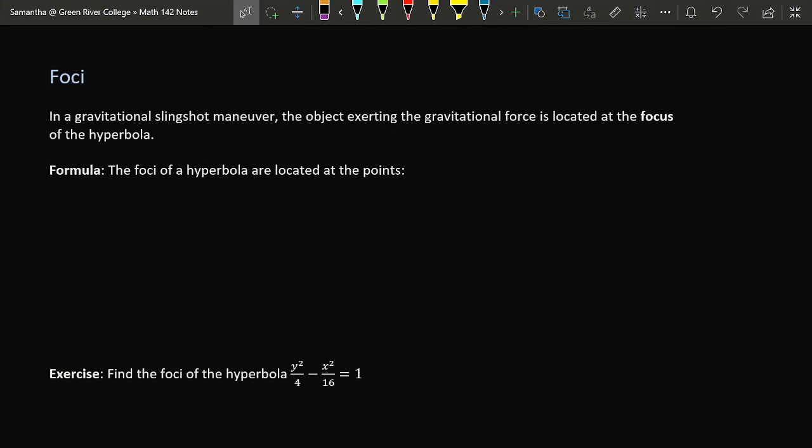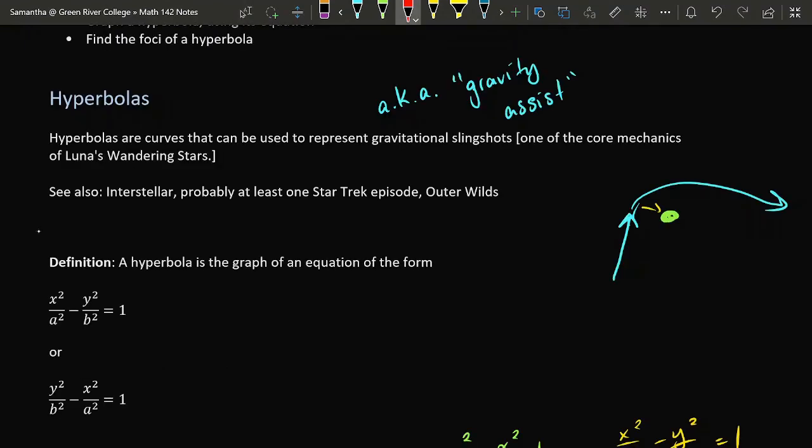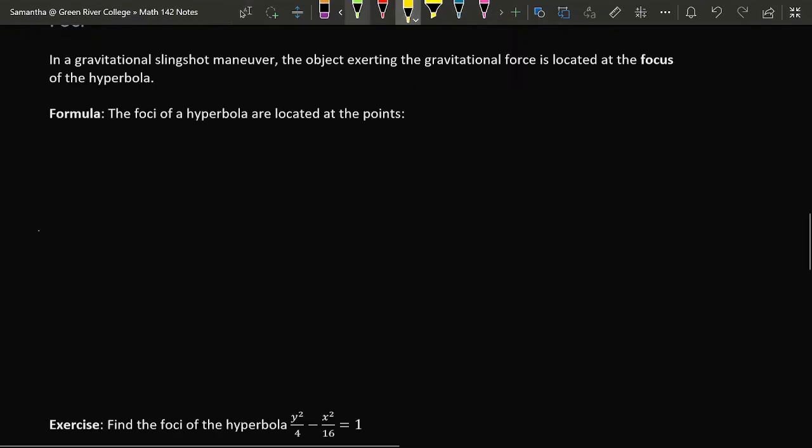To finish up the material on conic sections, let's briefly discuss the concept of focus points for hyperbolas. Now, in terms of the gravitational slingshot maneuver, the significance of the object which is exerting the gravitational force is that it is located at a position which is referred to as a focus point of the hyperbola. So there are two different varieties of hyperbola, one horizontal and one vertical.